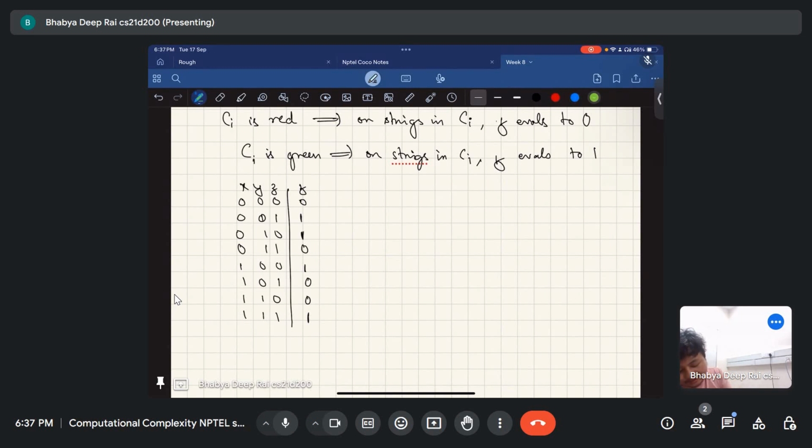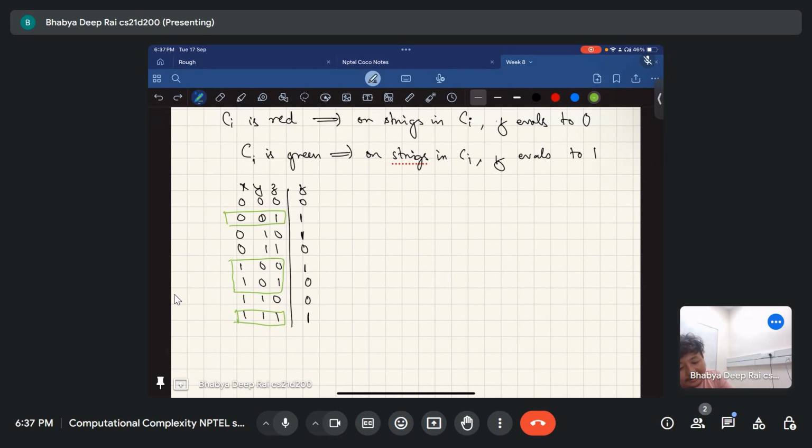This guy belongs to green. This also belongs to green. This guy and this guy both belong to green. And this guy belongs to green because this has weight 1 and this has weight 3.